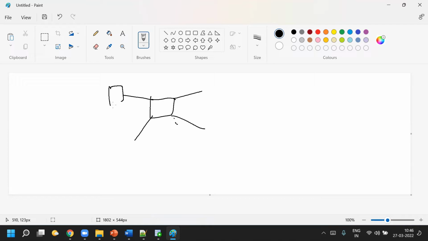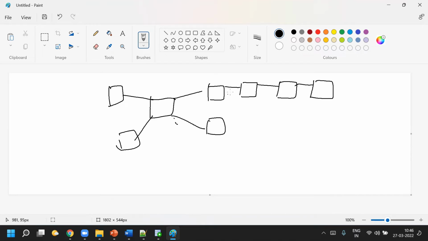Say this is one dimension table, and this is another dimension table, and this dimension table can be extended further. This is what is called a snowflake schema.